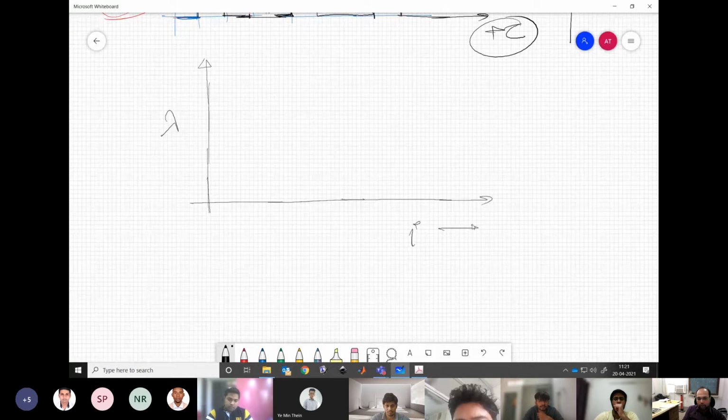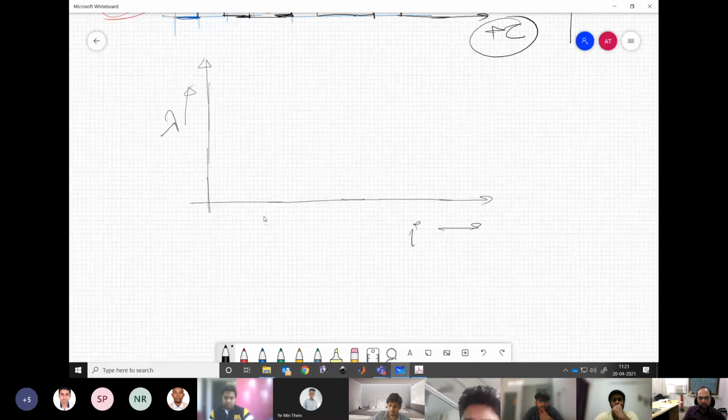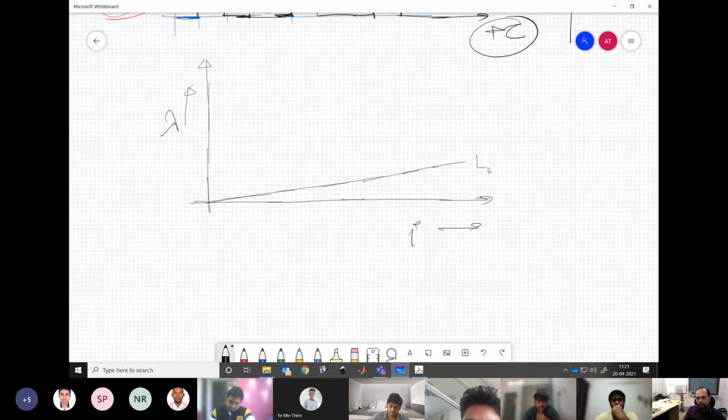So if you see the excitation versus the flux linkage plot, this is what we get. Let us say two extreme positions if we discuss. One position where our L is minimum, so our flux linkage will follow this line. Or we can say this is theta unaligned, when the rotor is completely unaligned with the stator coil.